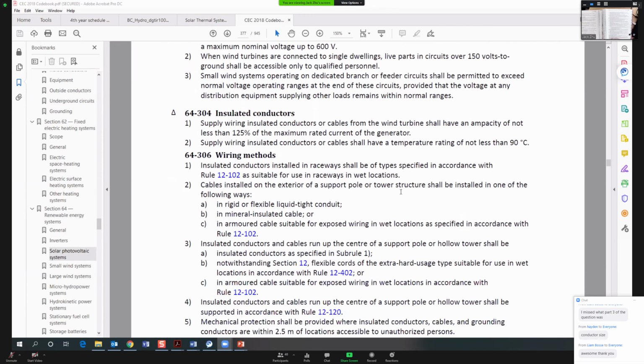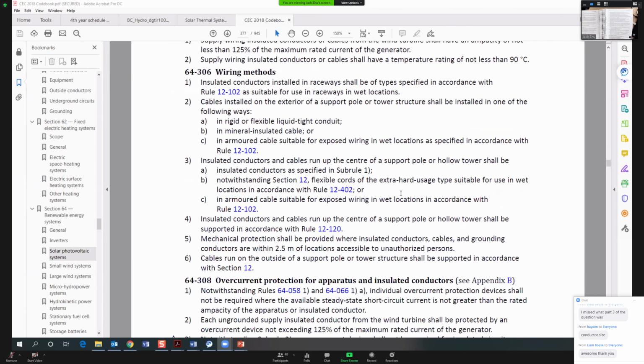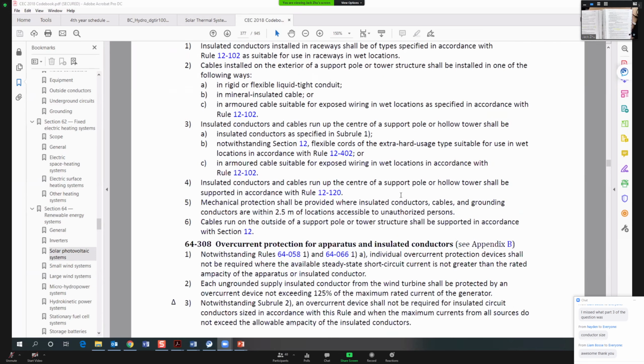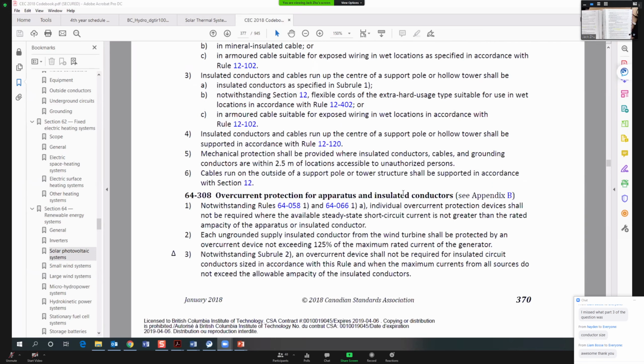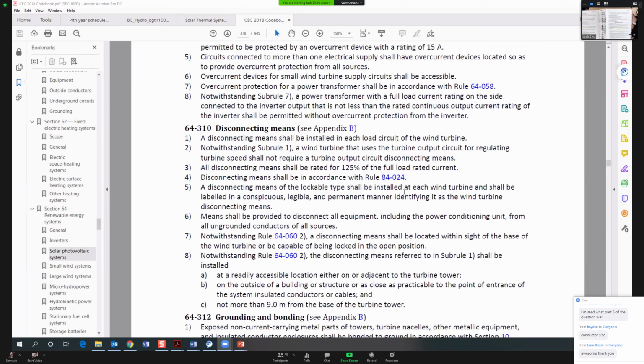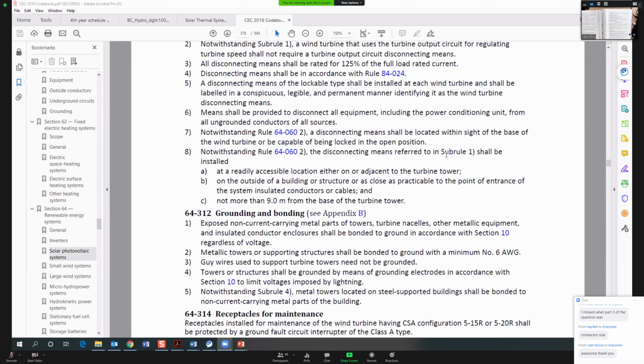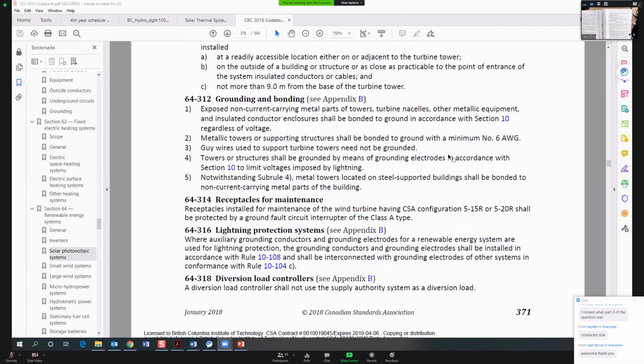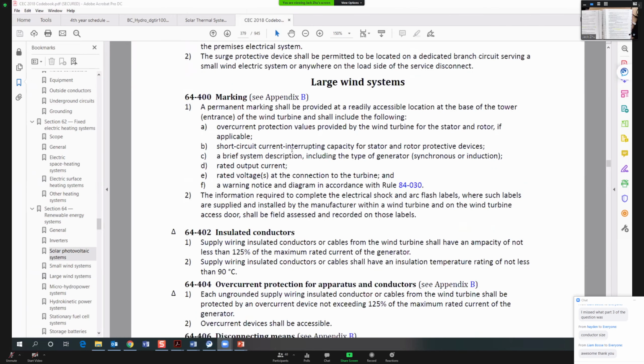You will see those are almost the same when we go to large wind systems. Also, supply wiring conductor or cable ampacity not less than 125%.